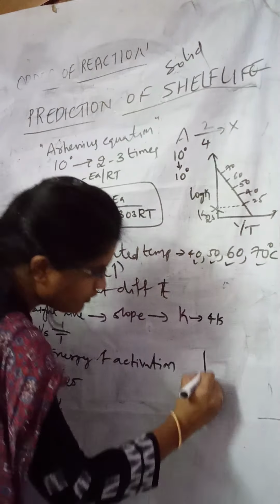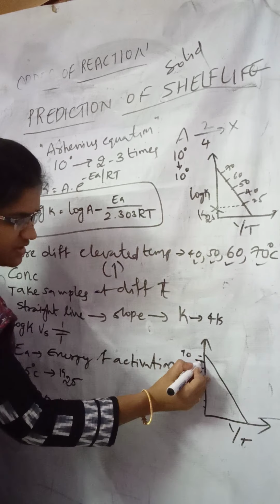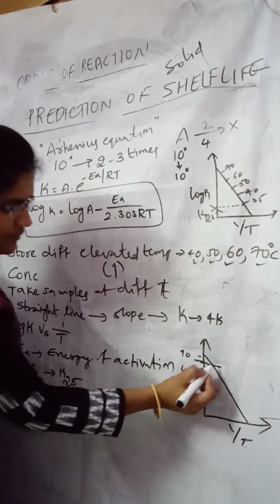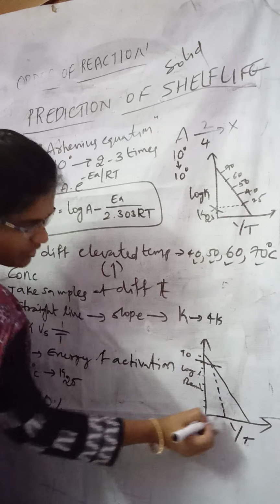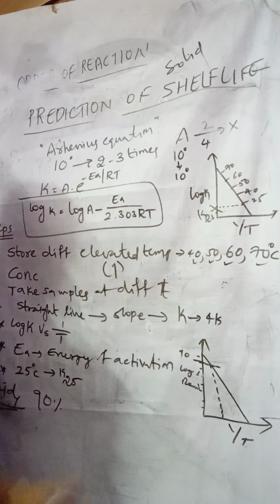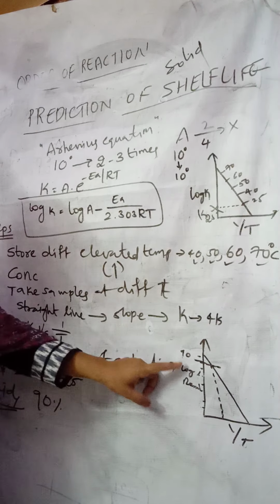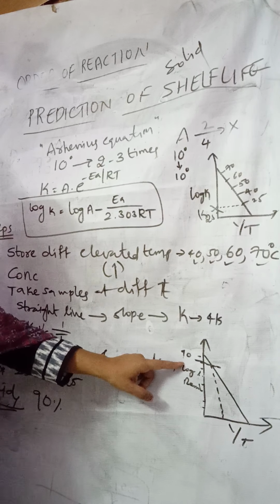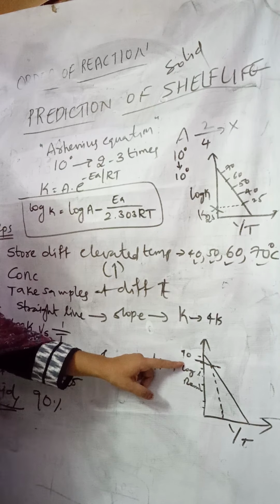For example, here 90 on the graph, from this 90 you extend a line onto that particular curve. From there, if you extrapolate, you will come to know the temperature as well as how much time it takes to complete 90% of its initial concentration, so you will know the shelf life of the product. Okay, so this is the way to calculate the shelf life for liquid dosage forms.